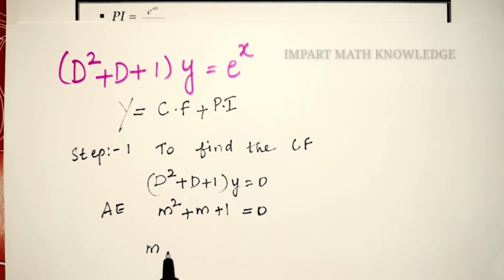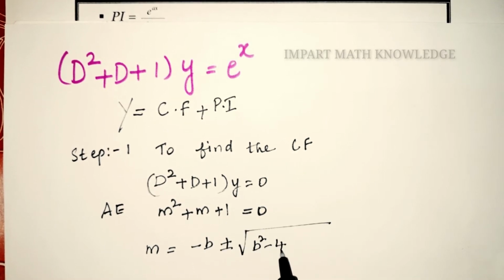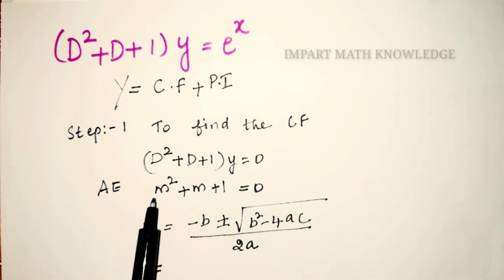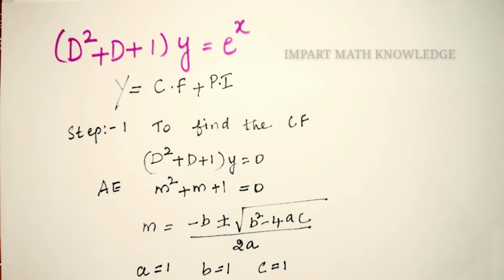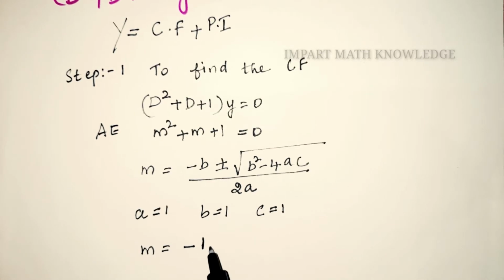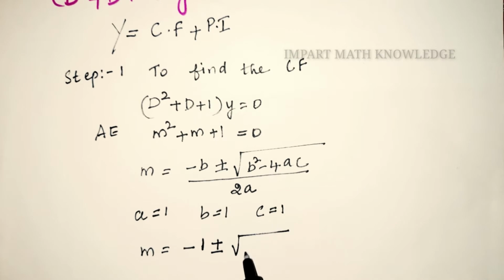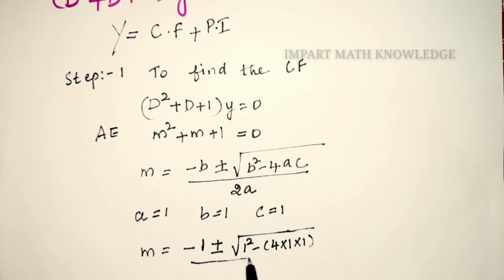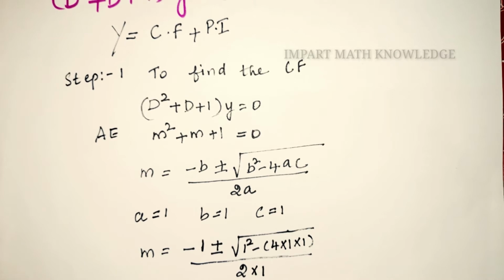m is equal to minus b plus or minus root of b square minus 4ac by 2a. a is the coefficient of m square, 1, b is the coefficient of m, 1, c is the constant term, 1. Now m is equal to minus 1 plus or minus root of 1 square minus 4 into a value 1 into c value 1, by 2 into a value 1.